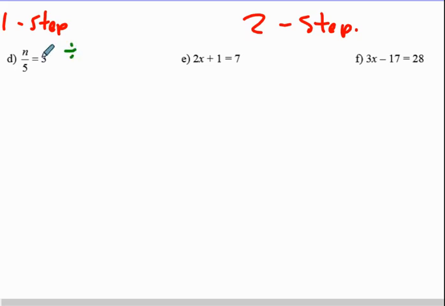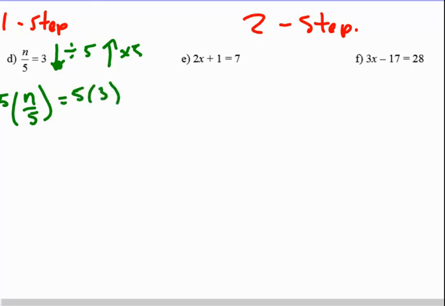So we want to say, okay, we're dividing by 5, so the inverse of that, when I say inverse, I'm going the opposite direction. Like here's our operation going this way, and I'm going to do the opposite. So how would I write that? I would say 5 bracket n over 5 equals 5 times the 3.